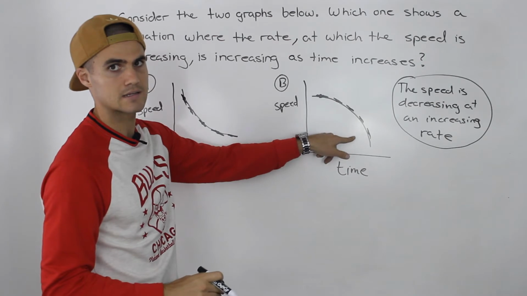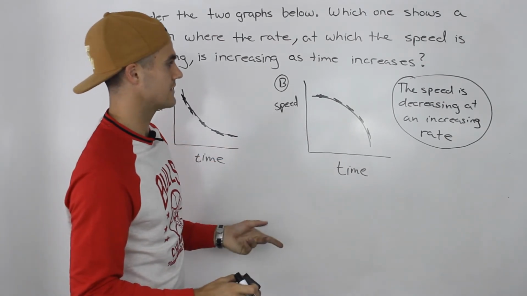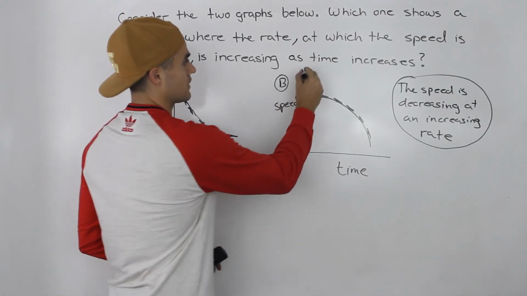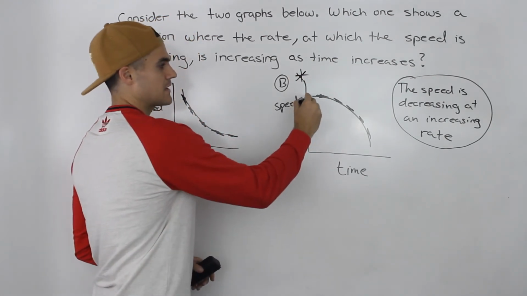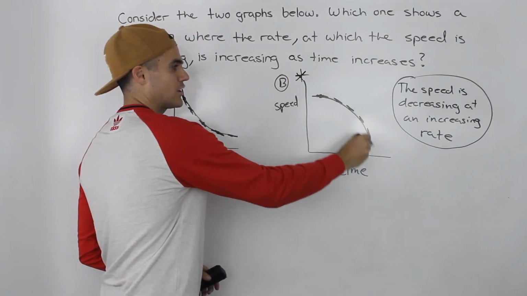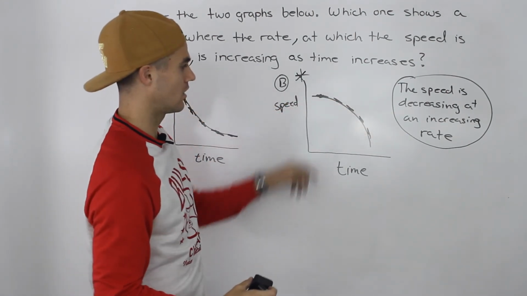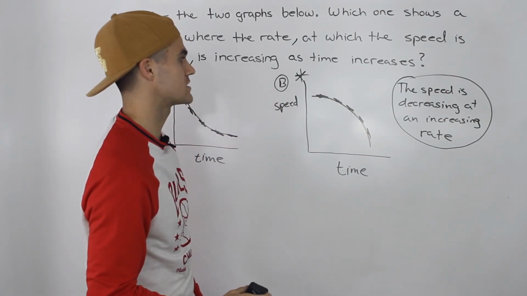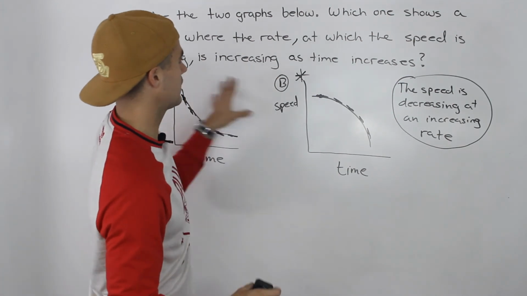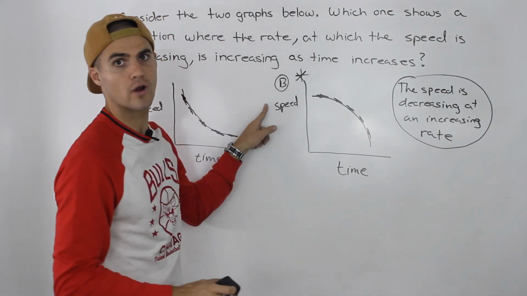So here it is increasing. So the answer to the question is graph B. Speed is decreasing at an increasing rate of change because the slopes of those tangents are getting more and more steep. So this wording here is represented by graph B.